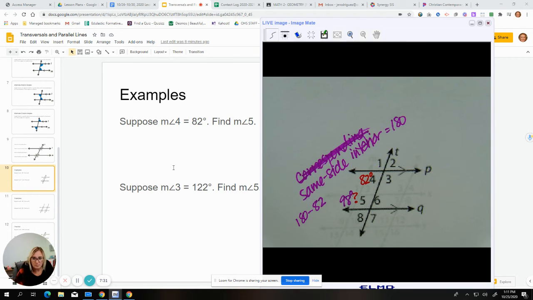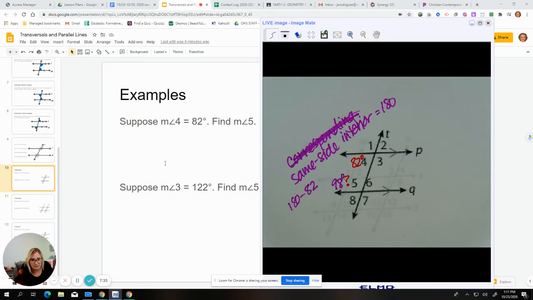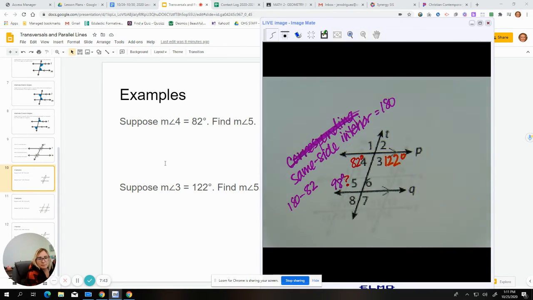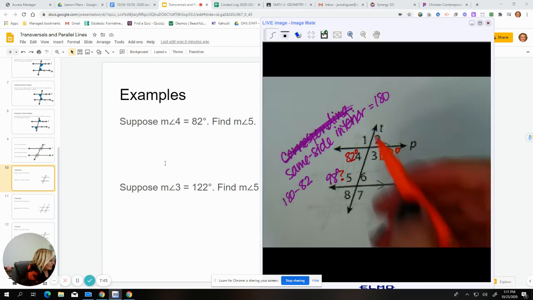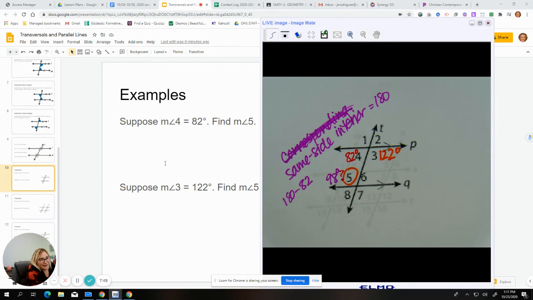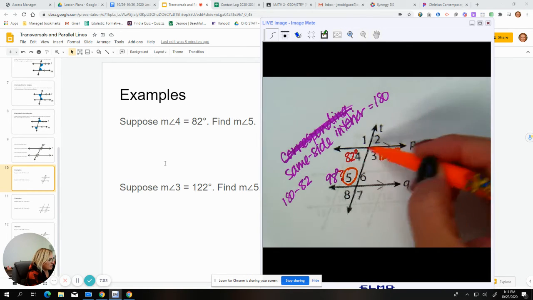All right. So now we're going to look at a different scenario. Same diagram, different scenario. This scenario is saying that angle 3 is 122 degrees, and we want angle 5 in this manner. So what type of angles do we have? Well, they're inside the parallel lines.